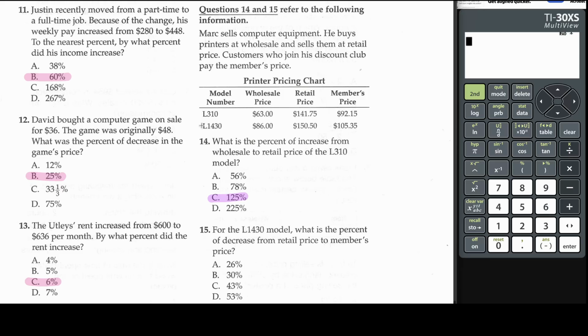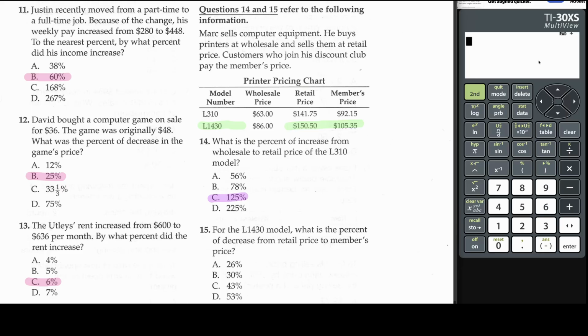So this is the model that they refer to. Let me mark in a different color. Okay, model here, and they want the retail price and the membership price. So decrease from retail price to membership price.